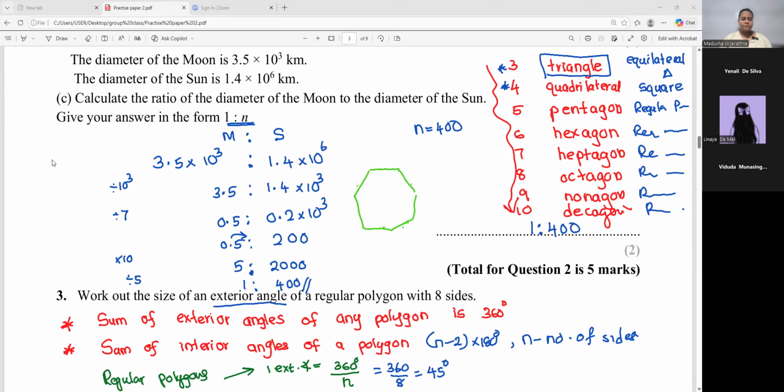Not enough, so let me redraw: 1, 2, 3, 4, 5, 6, 7, 8, like this.